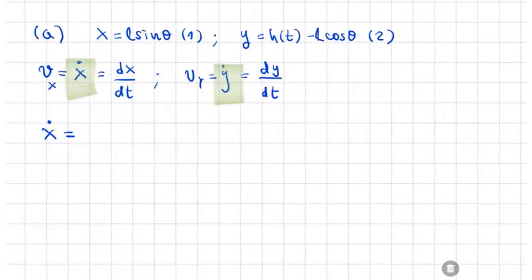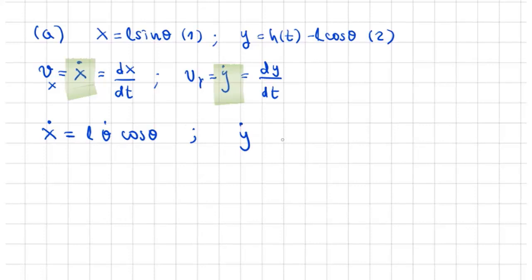So, differentiating equation number 1: L, and the derivative of sine of theta with respect to time is theta dot cosine of theta. I use the chain rule, and I will do a little explanation in a bit. So let me write down the equation for y dot.